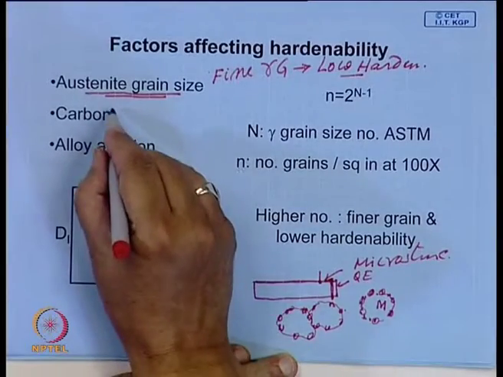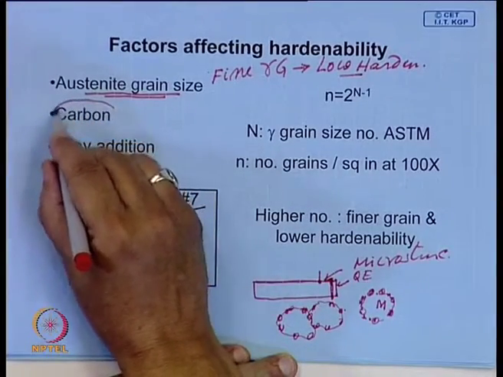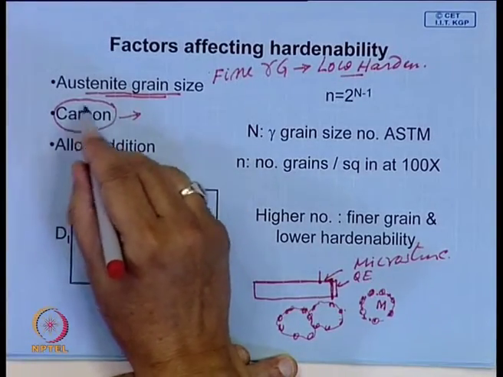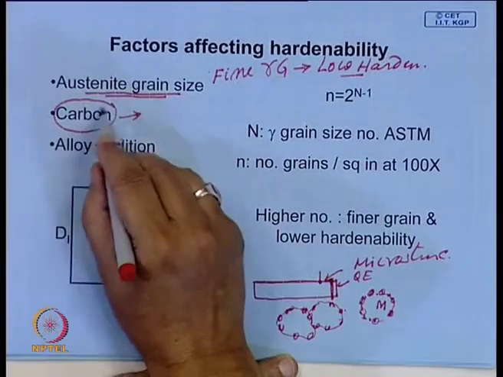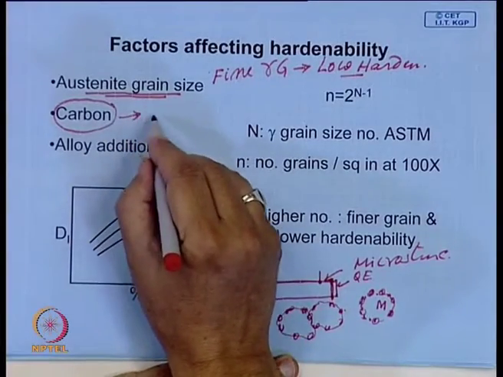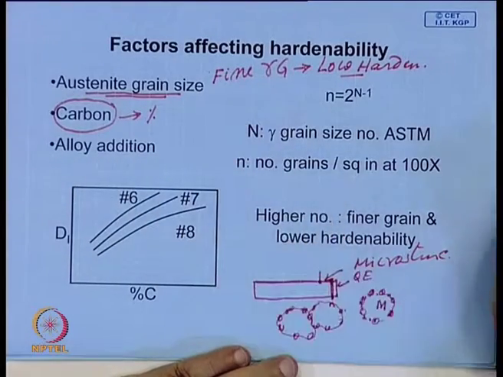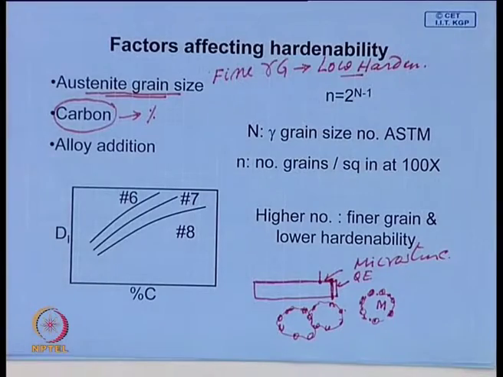Now, another important factor we said is the composition. One of the prime compositional factors is carbon content. So, if you increase the percentage of carbon in the steel, the hardenability increases. This is quite obvious. If you increase carbon content, we mentioned time and again that the diffusion controlled transformation becomes slower, that is, the CCT diagram shifts to the right at the high temperature end.